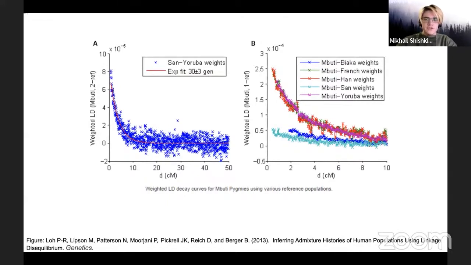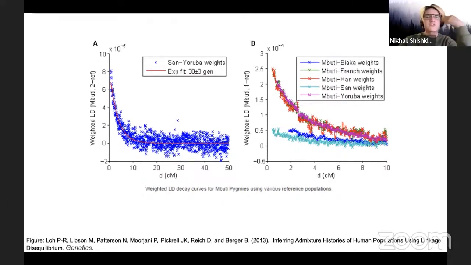But an admixture event introduces admixture tracts into a population and generates admixture LD that extends over much longer distances than background linkage disequilibrium, even if the amount of LD in the source populations is low.